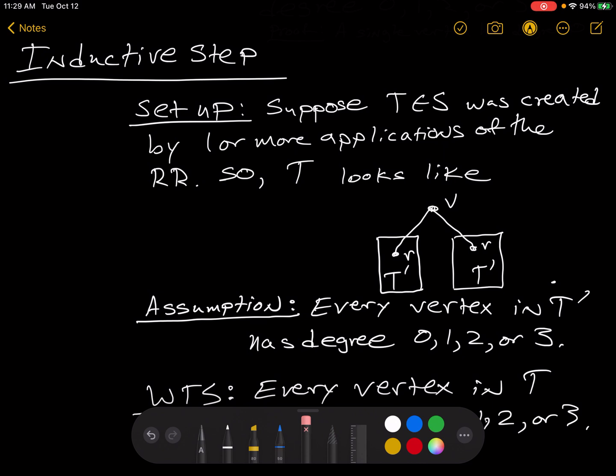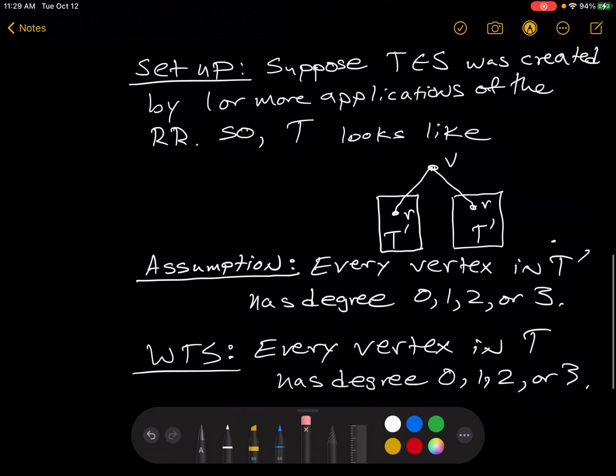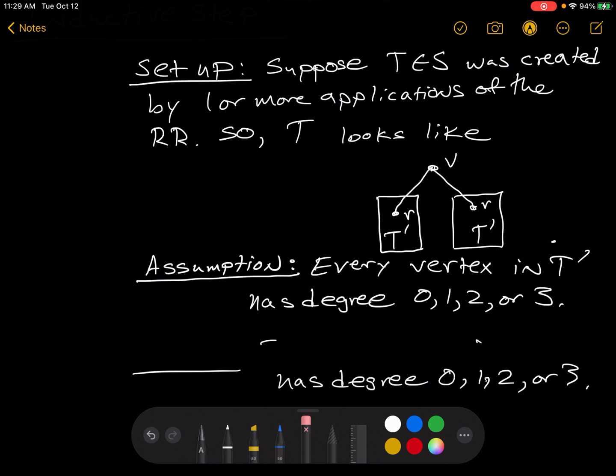That thing that came before is T prime. Now what we want to show is that every vertex in T has degree 0, 1, 2, or 3. And I'll do that now.